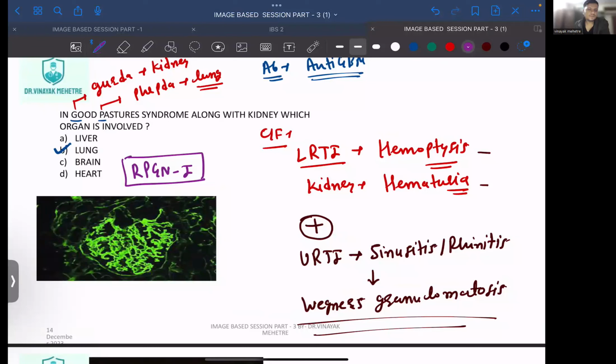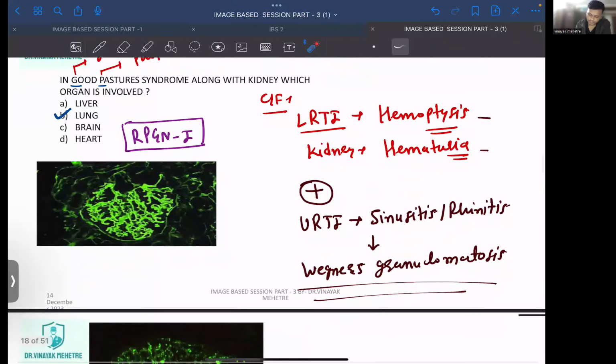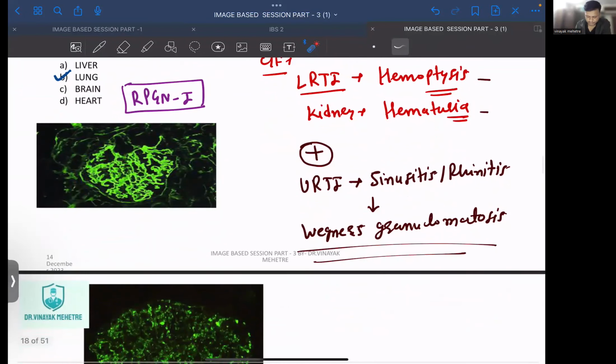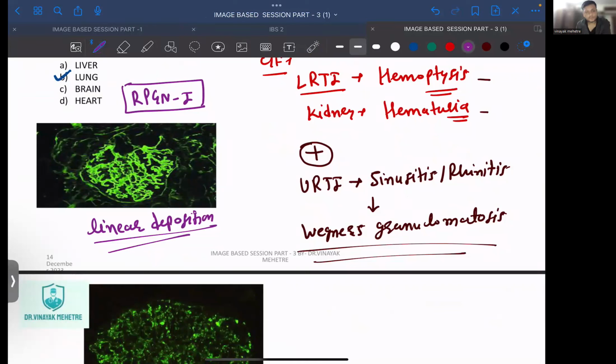And in type 1, what you will see is called linear deposition. You are going to see linear deposition.